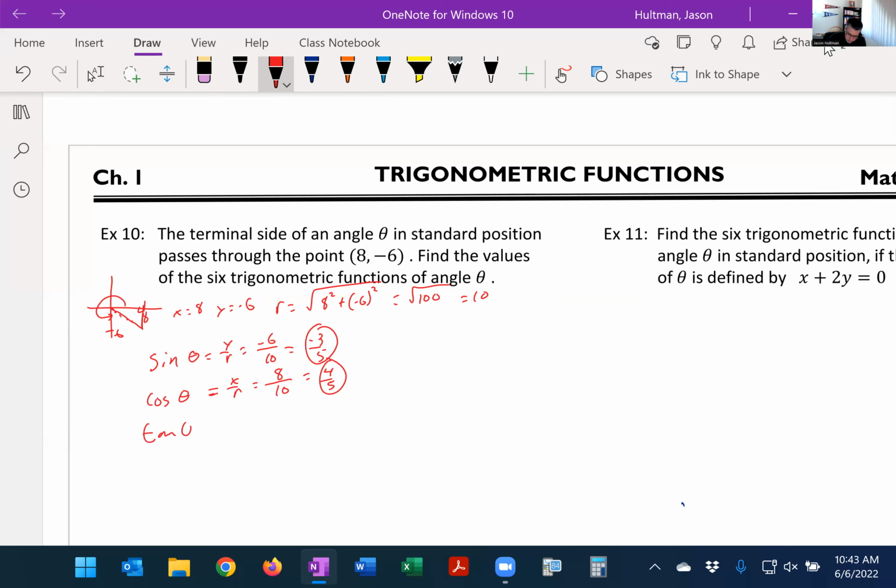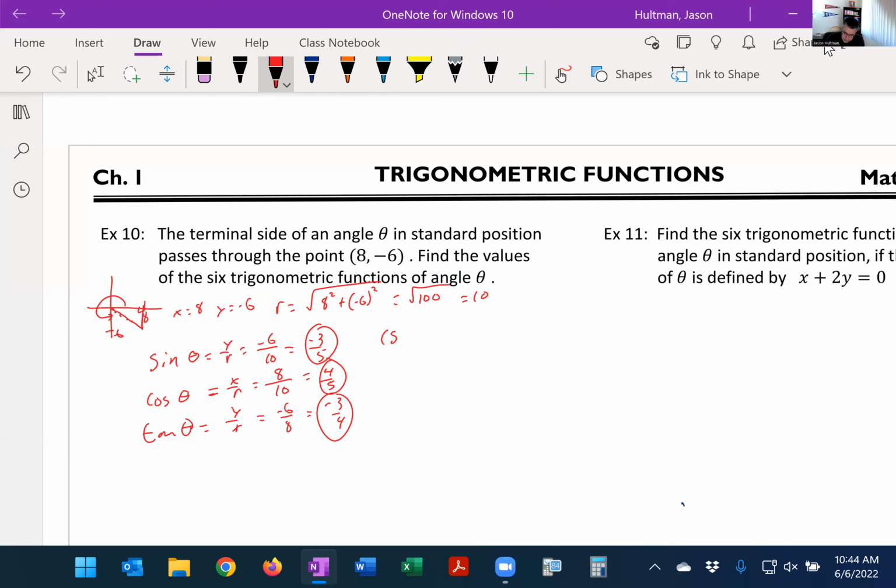Tangent of theta is equal to y over x, which is going to be -6 over 8, which is equal to -3/4. Okay, so that's tangent of theta.